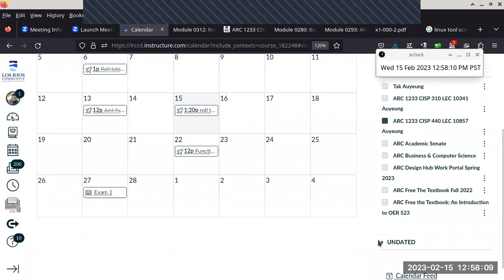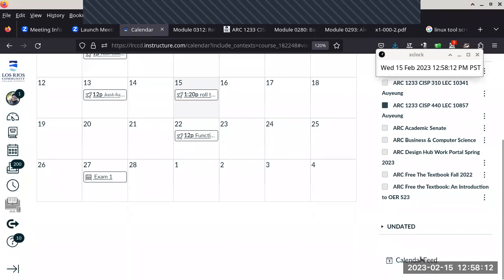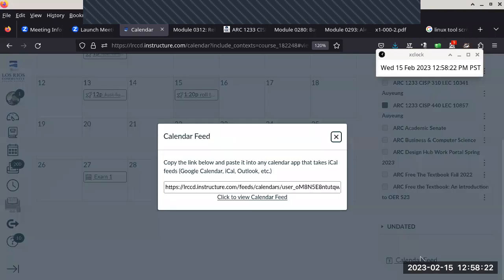I think it's important because you can actually click on calendar feed and integrate the Canvas calendars into your mobile device. It will give you a link here, and there are ways to integrate the calendar in Canvas into your Google Calendar.